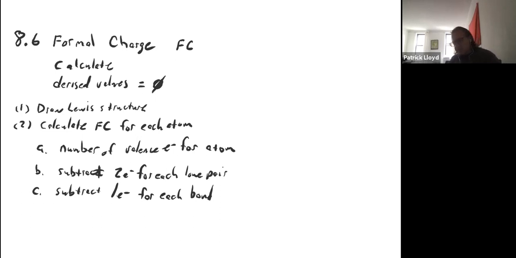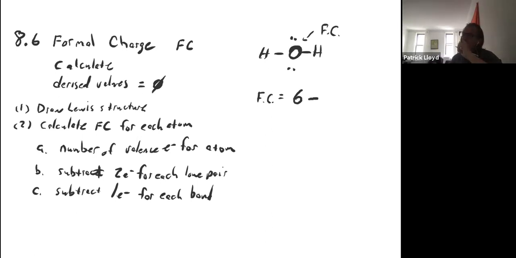Let me show you an example. Here's a Lewis structure for water. Okay? So let's calculate its formal charge. You look up how many valence electrons that atom has based on the position in the periodic table. Oxygen is in group 6A, so that's 6. Then you subtract off 2 electrons for every lone pair. Well, the oxygen has 2 lone pairs, so you subtract off 4.